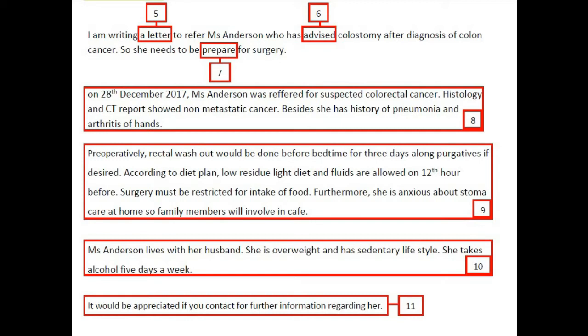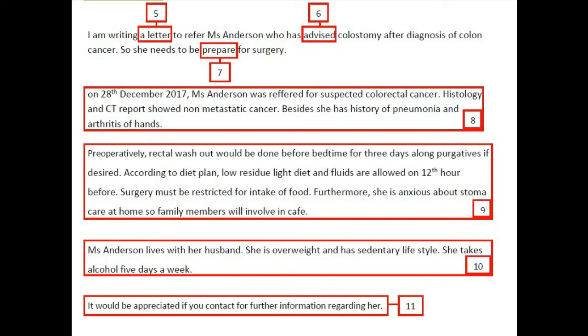Moving to the third paragraph, "Pre-operatively, rectal washout would be done before bedtime for 3 days along purgatives if desired." This sentence is not framed in a proper grammatical order and it has to be altered like, a rectal washout must be done before bedtime for the next 3 days and a purgative as per the reference, which is much better.